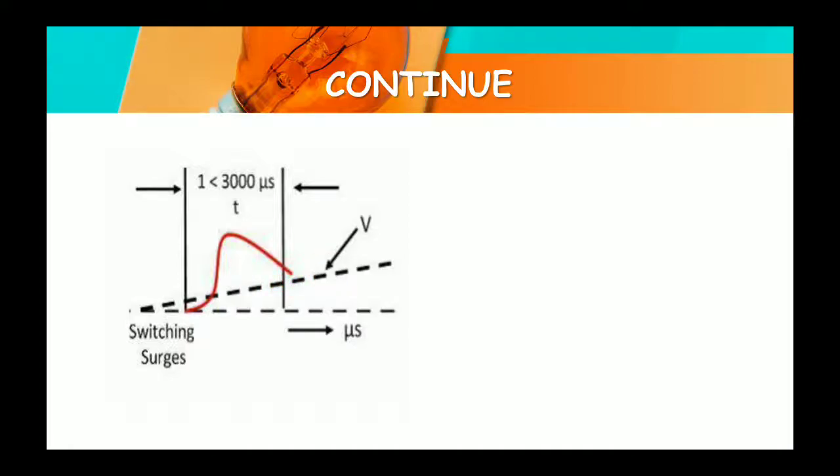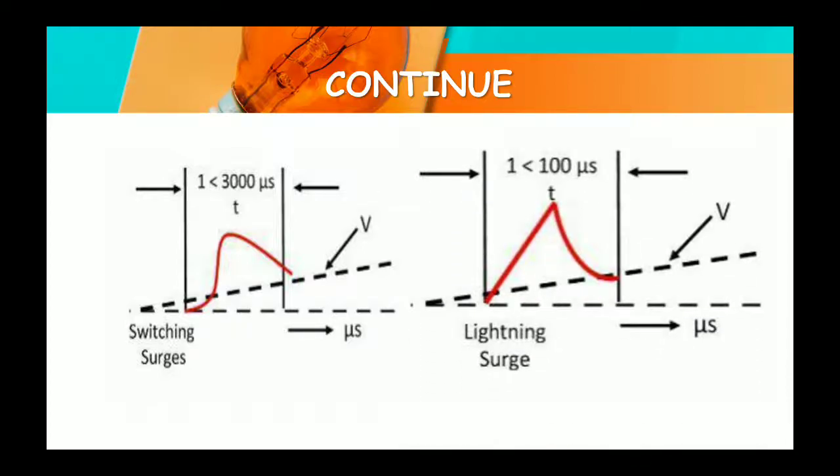It is a switching surge when the transient has come. And that is the lightning surge, with a time of 1 to 100 microseconds. You can see the value of the lightning surge is more than the switching surge.